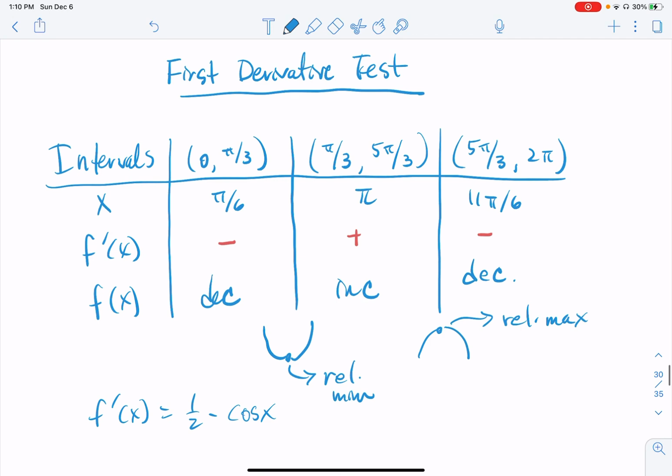Under no circumstances would this count as your answer. Instead, this is just the method that you're using in order to draw these little conclusions.